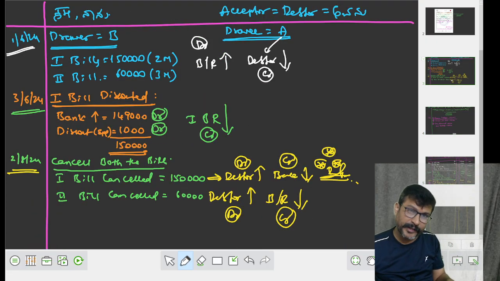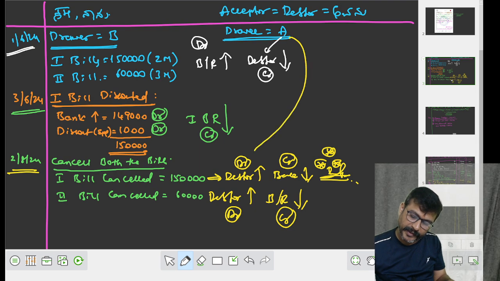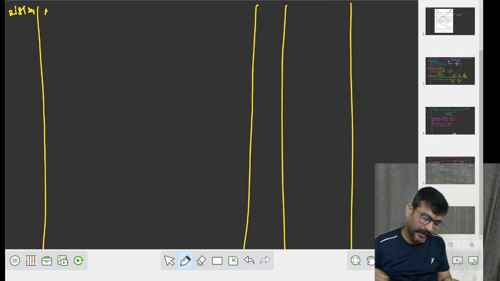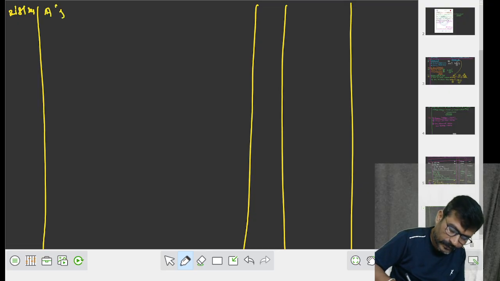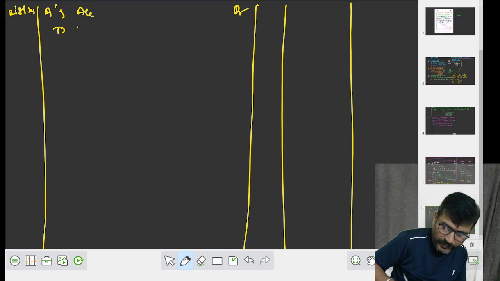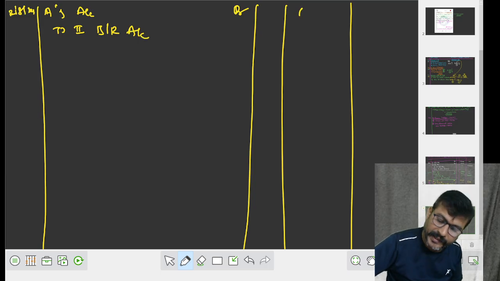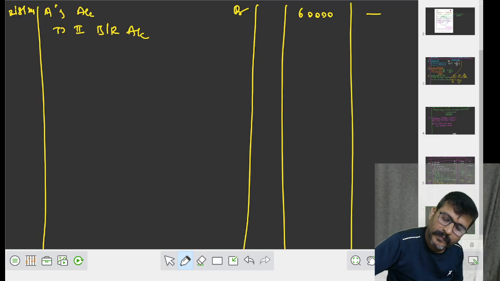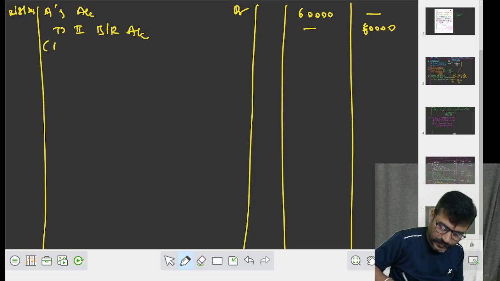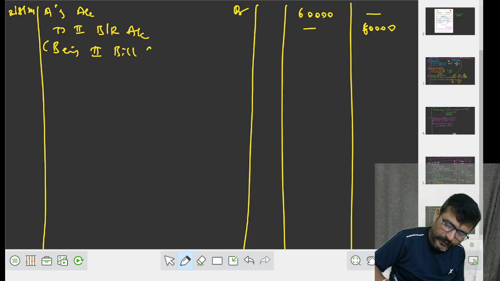Who is your debtor? Debtor is your A, right? A is your debtor. Fine. अब क्या लिखना? A's account debit to second bills receivable account. कितना अमाउंट है सेकेंड बिल को? 60,000. Being second bill cancelled.